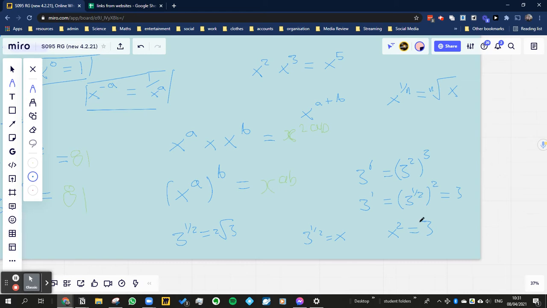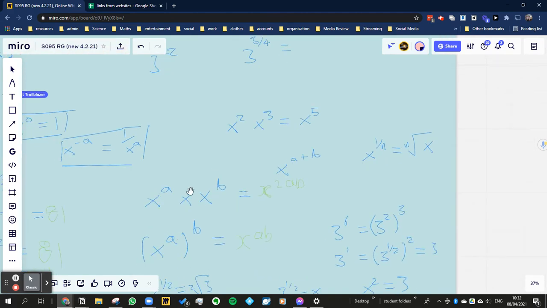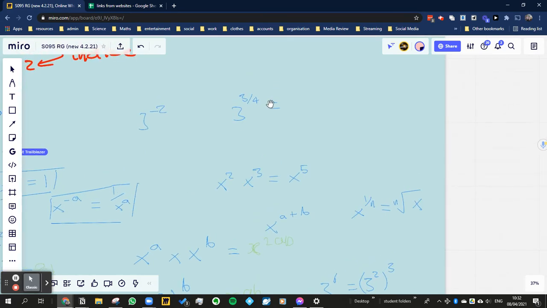What about a fractional power that doesn't have 1 at the top then? Let's see if we can work out what that would be. So using the rule that we did earlier about multiplying powers, if they're a times b, we can imagine this to be like this. Because when it's in the brackets, we go this times that, which ends up being this.